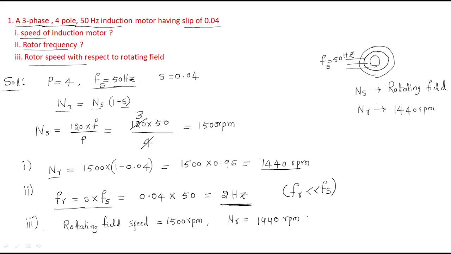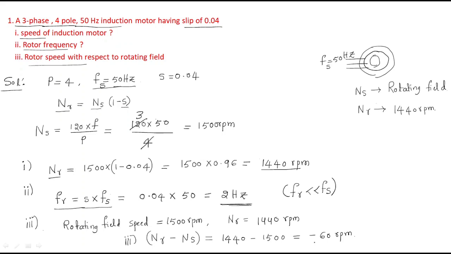In order to get the third point we have to do the subtraction: rotor speed with respect to rotating field is Nr minus Ns, which is 1440 rpm minus the synchronous speed of 1500. Then you will get minus 60 rpm. The rotor speed with respect to the rotating field is minus 60 rpm because it is less compared with that speed.